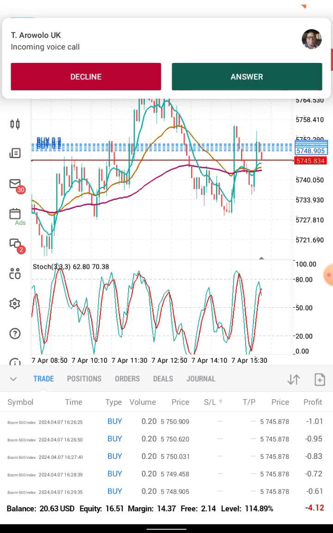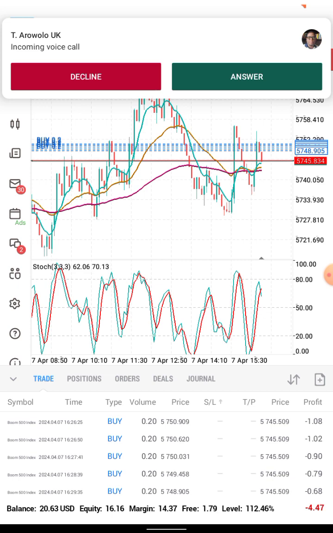So, I'm seeing a crossover on 5 minutes. I think the call is trying to enter. So I believe this one should be the first crossover.